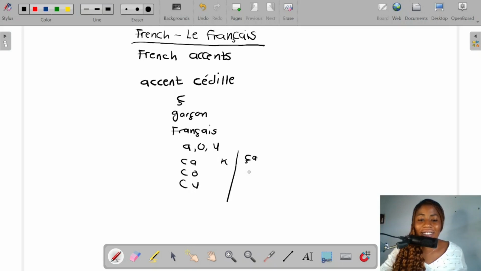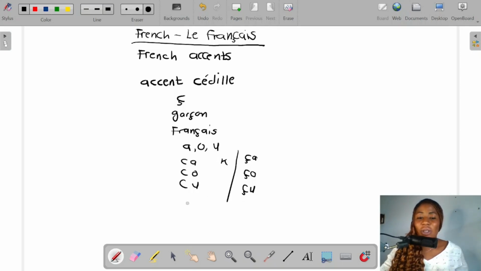When the accent is placed below a C and it comes before an O, it is no more Ko, it is now So. When it is placed below C and it comes before the letter U, it is no more Ku, it is now Su. Si. Très bien. Now this is what I want you to get. This is where the confusion comes.